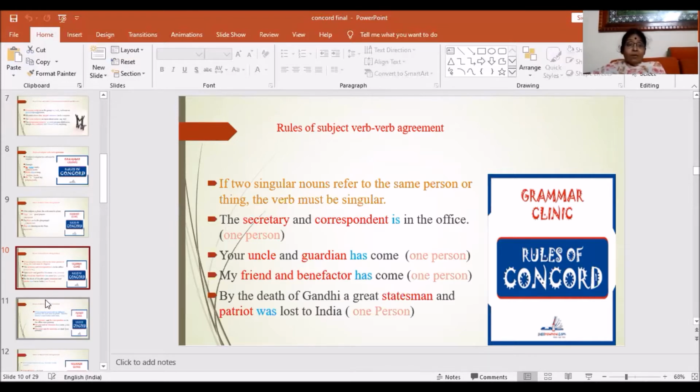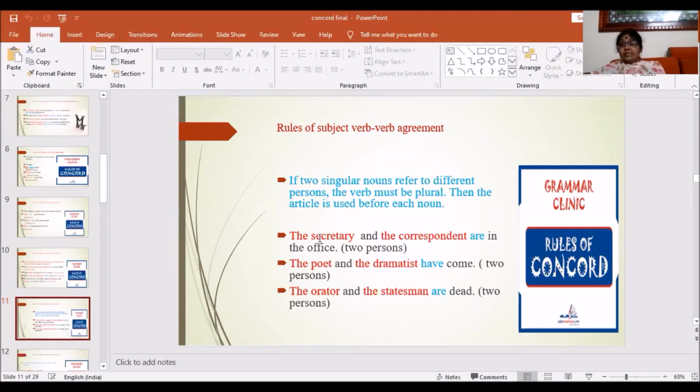But when you come down to this sentence, I said the secretary and the correspondent. When these two nouns are preceded by an article, then they are two different persons. Right? So, this is how you should identify, right?